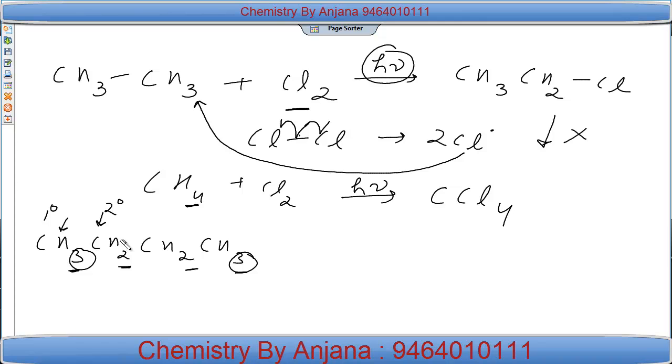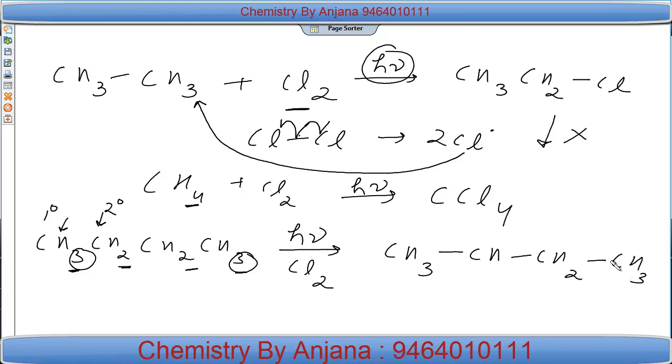All cannot be substituted with equal probability. So which is preferred first if we go for monohalogenation, that is HNu and Cl2? और सिर्फ अगर एक ही H substitute होना है तो कौन सा H preferred होगा substitute होना? That is secondary. So primary के बजाय पहले substitution होगा secondary hydrogens का and then primary hydrogens.